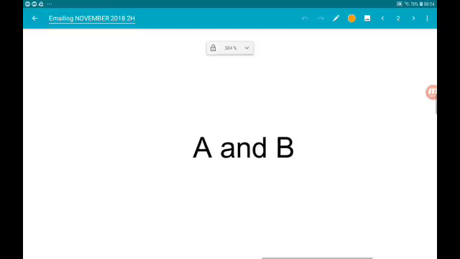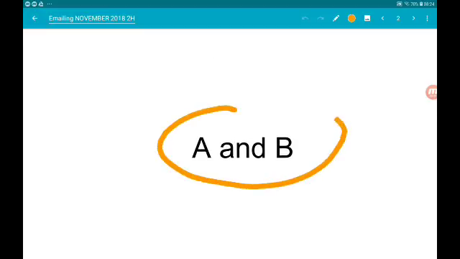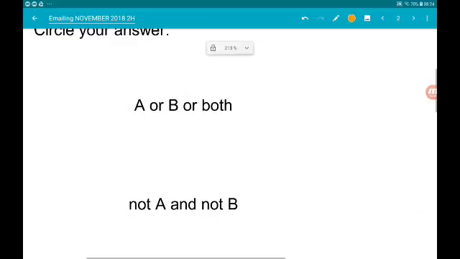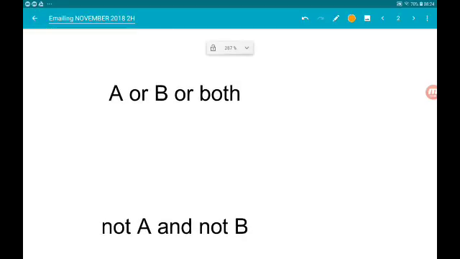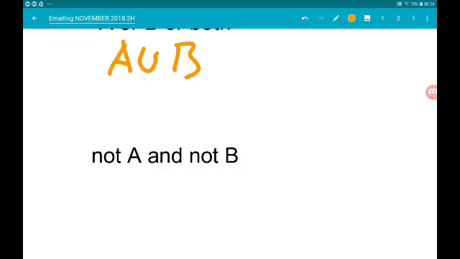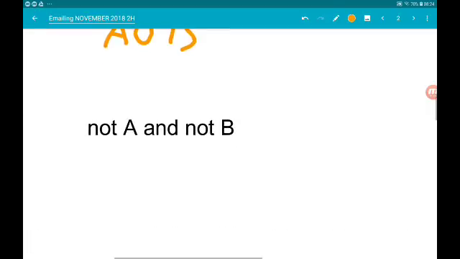So, this guy here. Now I'm also going to go through how we would write these other statements in set notation. That's all this stuff is. So A or B or both we would write as A union B. Not A and not B. Well, not A we write as A dash.